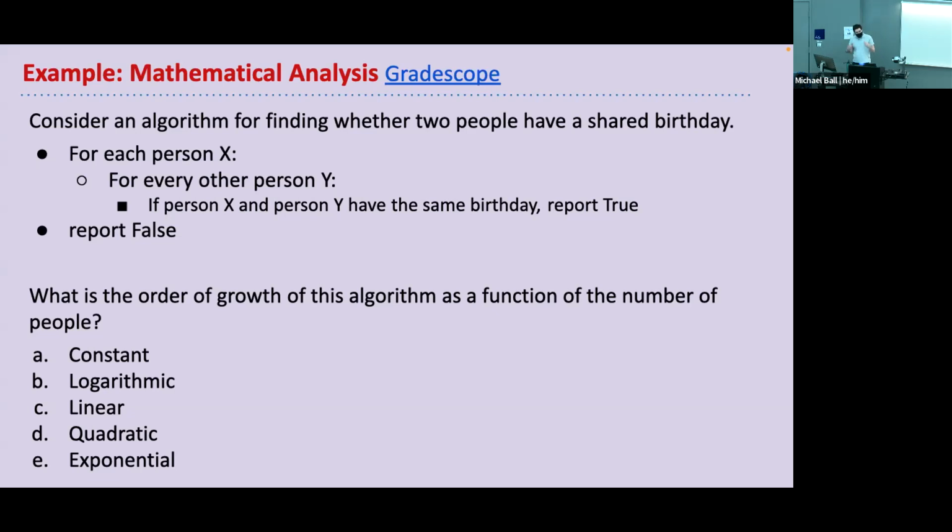If we get to the very end and we haven't reported true, we can then report false. So take a moment and think about, as the number of people in the room grows from, let's say, 5 people to 10 people to 100 people, what does the order of growth of this function look like? And this is question 6.